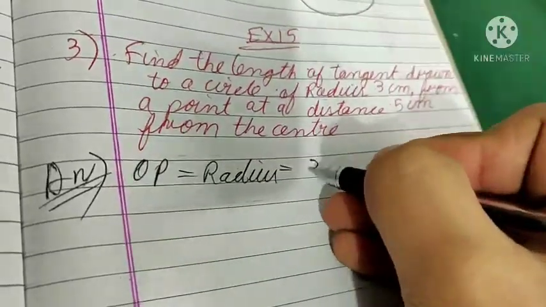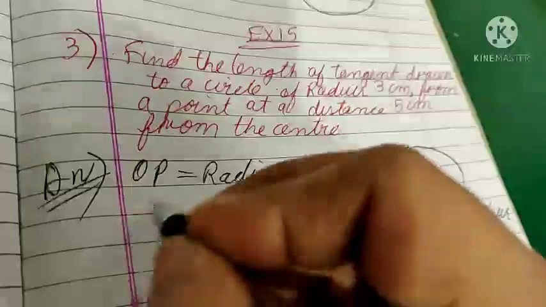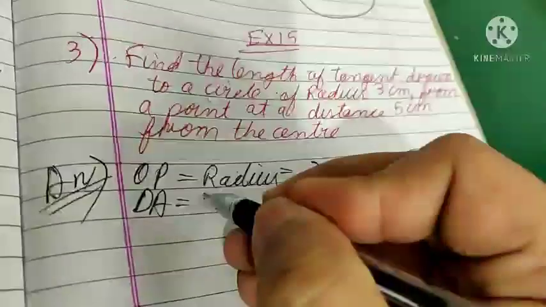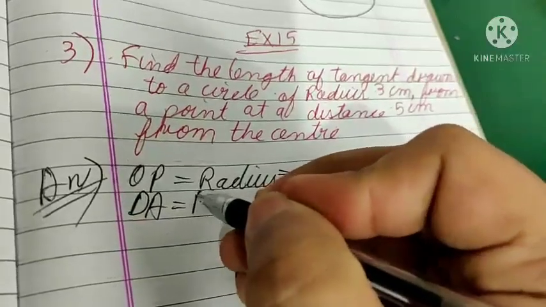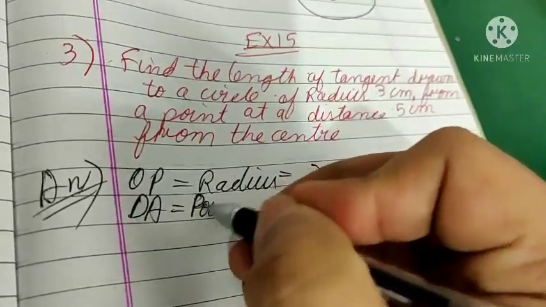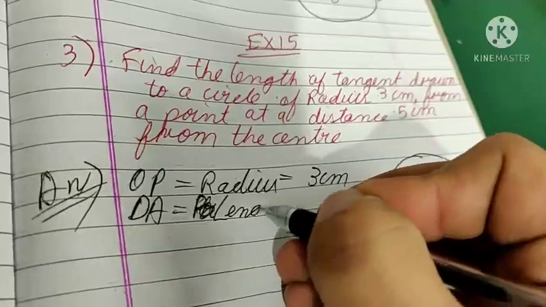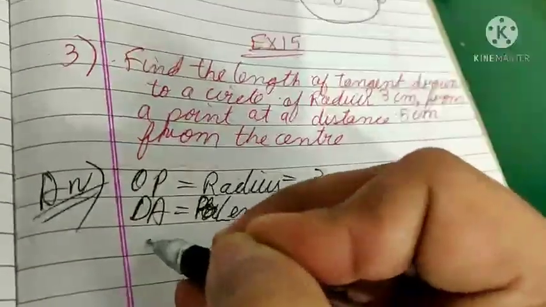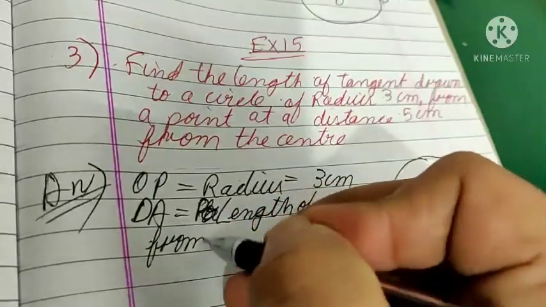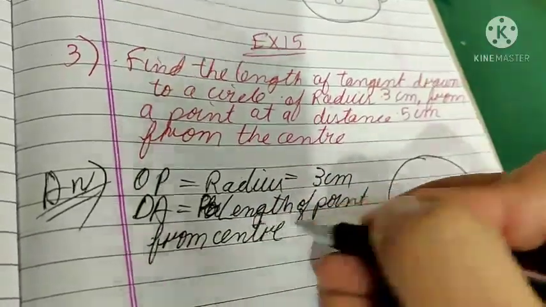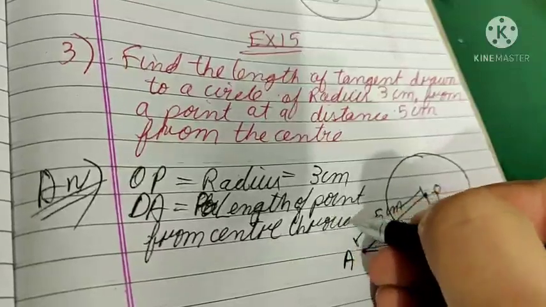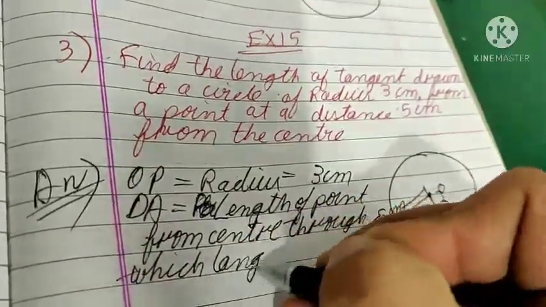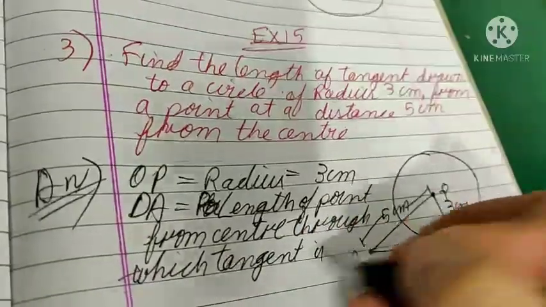Now OP is the radius, that is 3 centimeters. OA is the length of the point from the center through which the tangent is drawn.